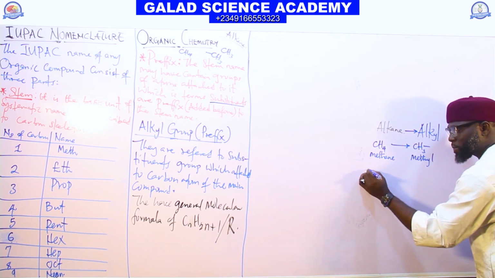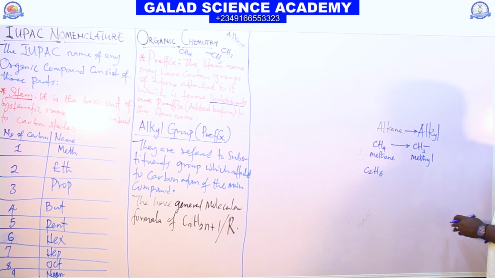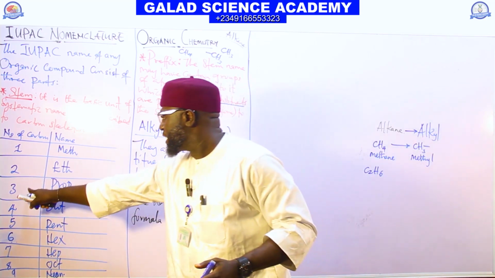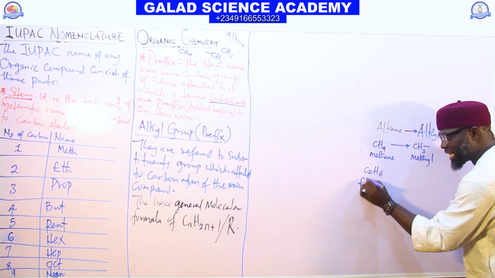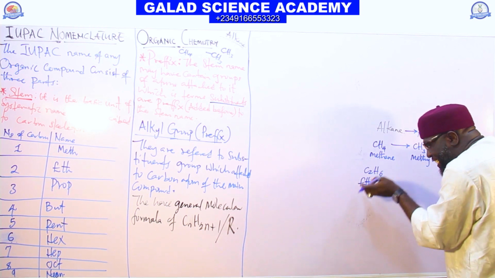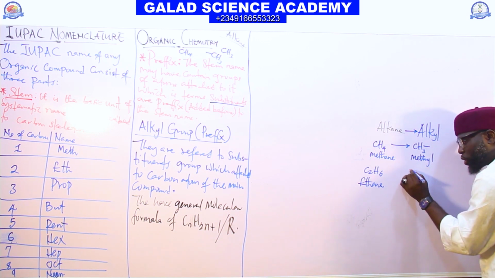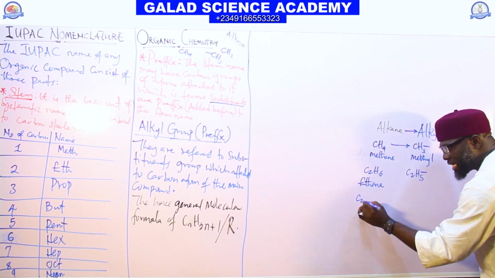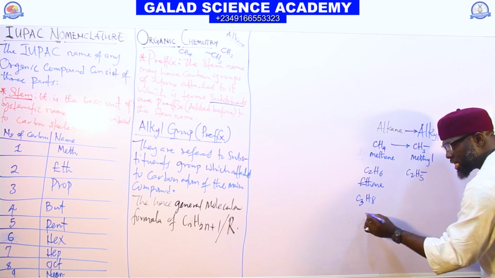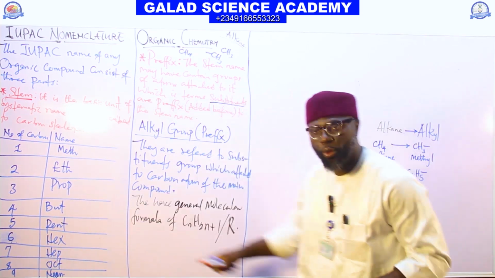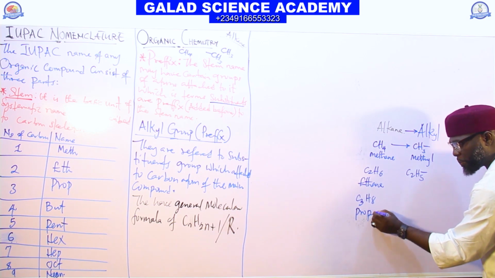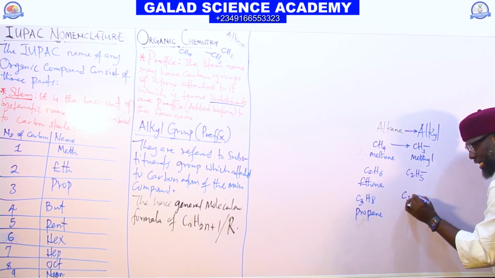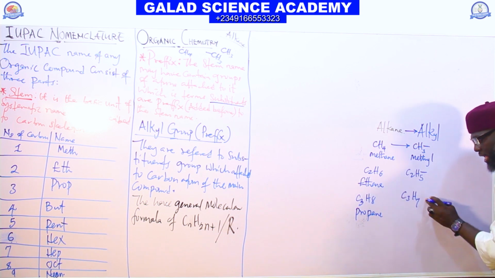If you have C2H6, the name is, don't forget, C2 is eth, we call it ethane. If from this ethane you remove one hydrogen, it will give us C2H5 with a bond. If C3H8, what is C3 here? Prop. We call it propane. So what do we have now left? C3H7. Remove one here, you put a bond there.